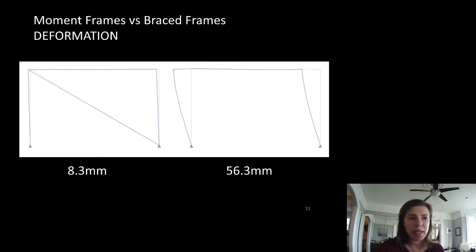This is not visually how much it would move. The braced frame moves 8.3 millimeters, and our moment frame moves 56.3 millimeters. So at the top of that moment frame, under that 250 kilonewton load, we would see over 2 inches of movement. That's a lot of movement.